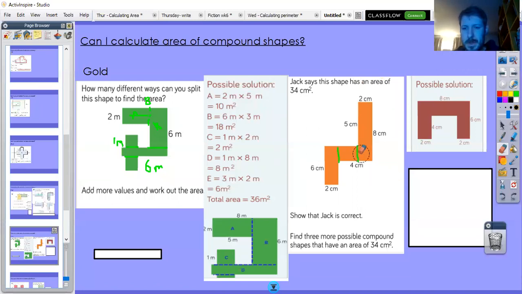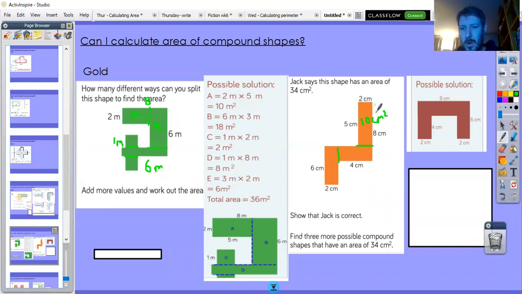So what you could do is actually, instead of that one, we could just do this bit here. So we could do 2 times 5, so that would be 10 centimeters squared here.